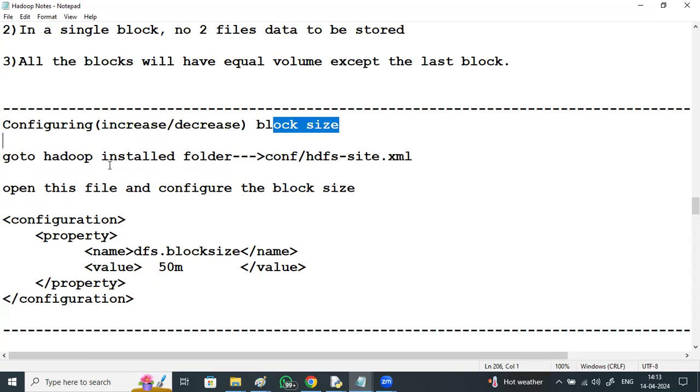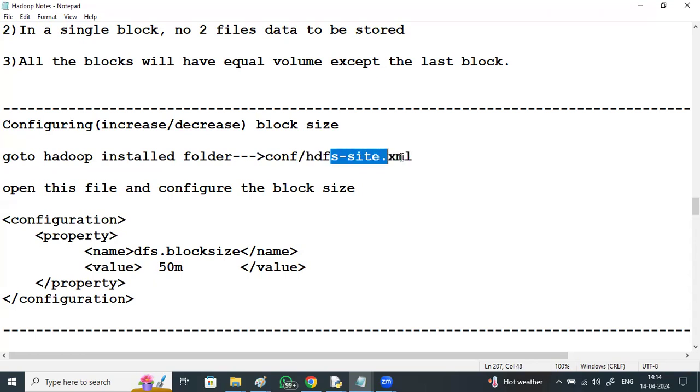Go to the Hadoop installed folder. Within the conf subfolder, we see a file called hdfs-site.xml.